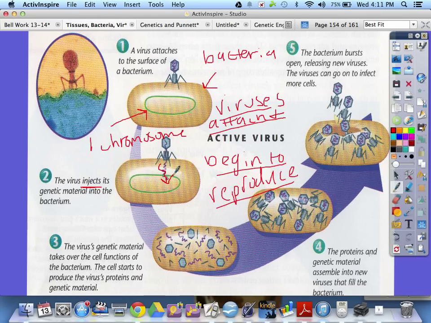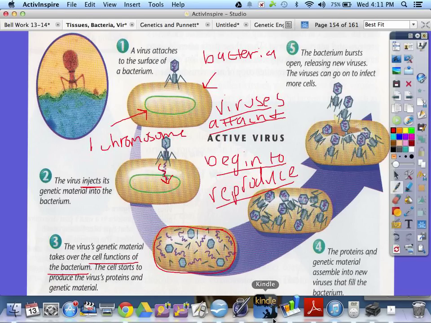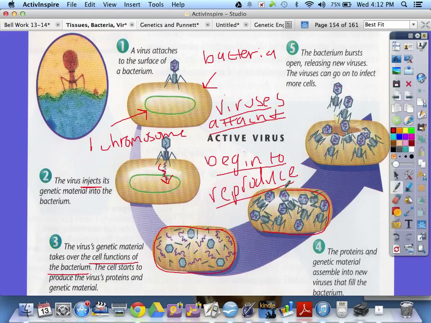The virus's genetic material takes over the cell functions and the bacteria itself. You can no longer see the bacterial DNA. Now, once all of this is done, they have all these parts, they get put together to make a bunch of little viruses, and the viruses will break out and go to nearby cells to repeat this process again. Now remember, that's active, so it's right now.